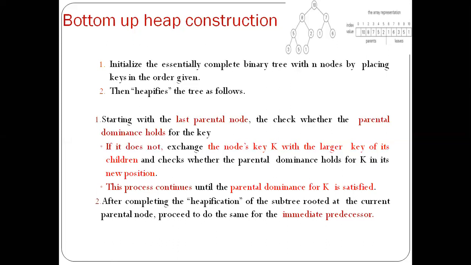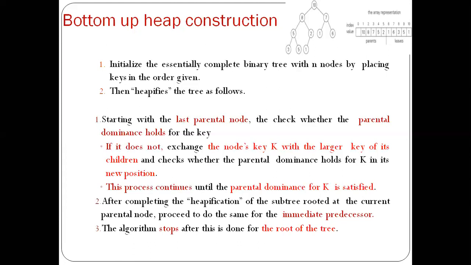Once that part is over, we will start with the next parental node, that is, the immediate predecessor of the current parent node. This process will continue until you reach the root node, because the root is the first parent node in the tree.